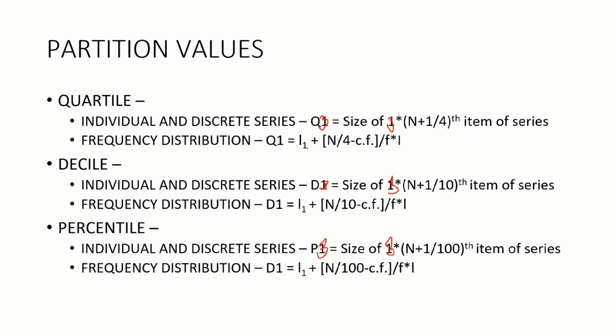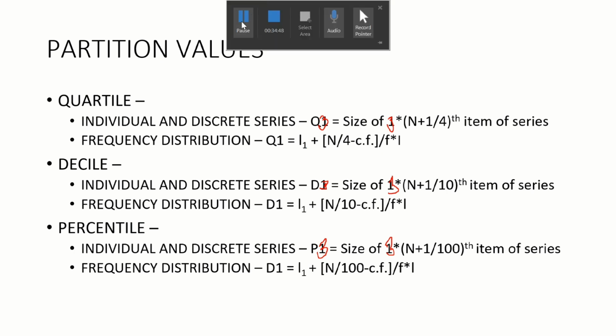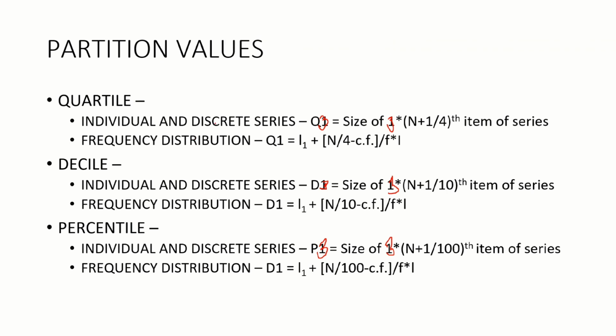Obviously, we're not going to calculate the median here, are we? Well, I might have missed a couple of points. In the frequency distribution, what we do is that Q1, for example, is equal to N upon 4.